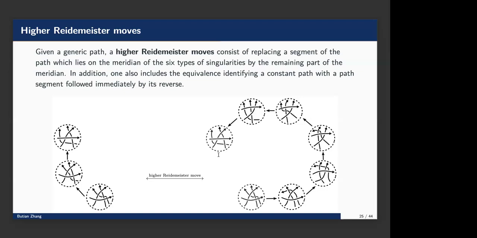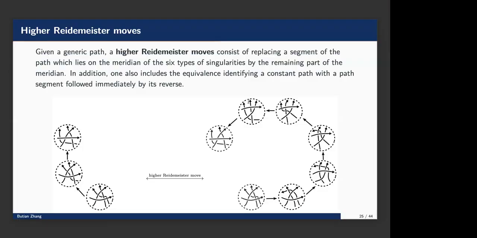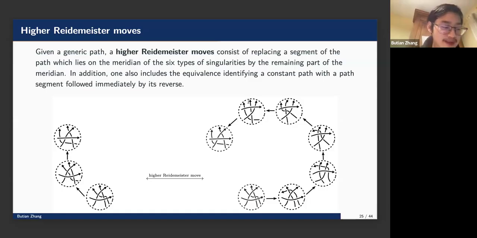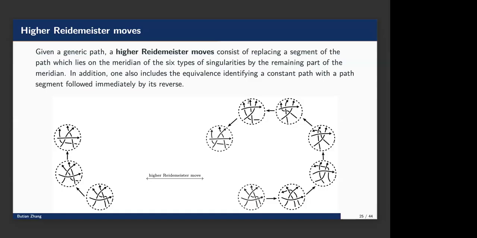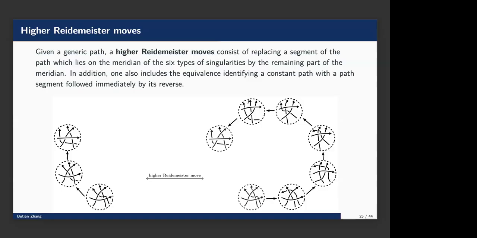When we consider movies of Roseman moves, then, for example, there is a Roseman move having 4 triple points.